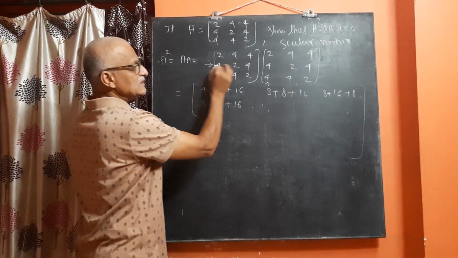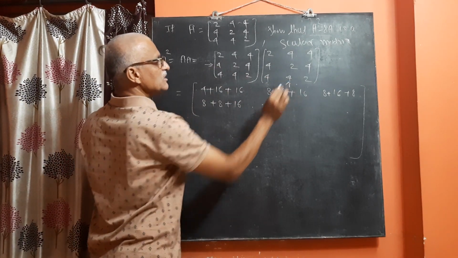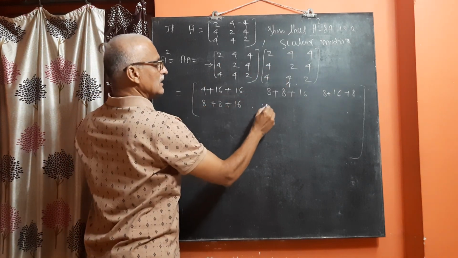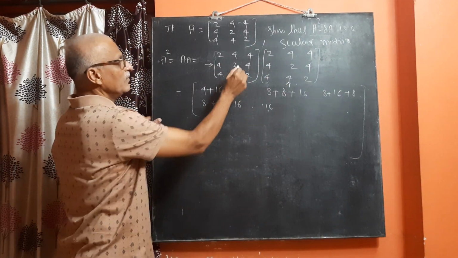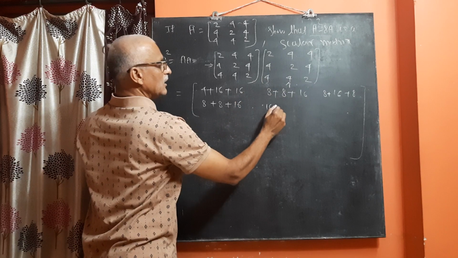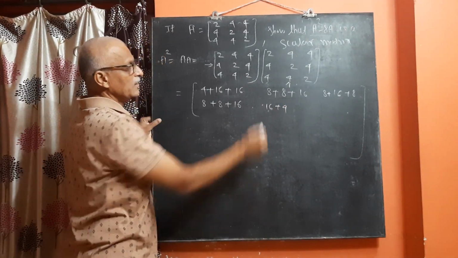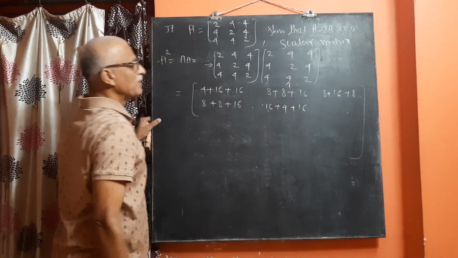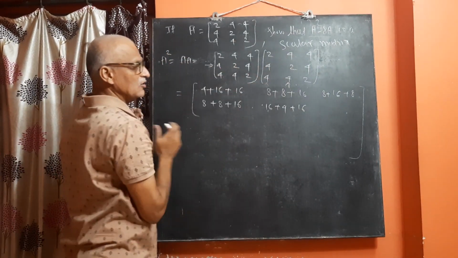Then comes second row, second column: 4 into 4 is 16, 2 into 2 plus 4, 4 into 4 plus 16. That completes second row, second column.